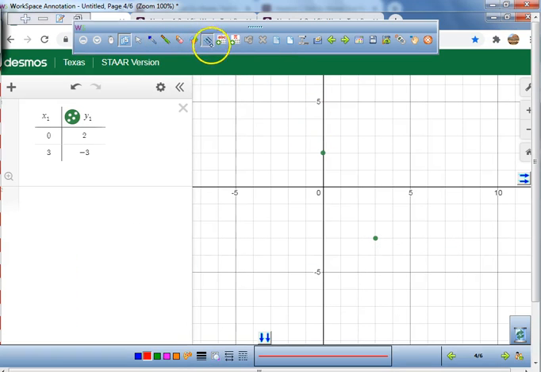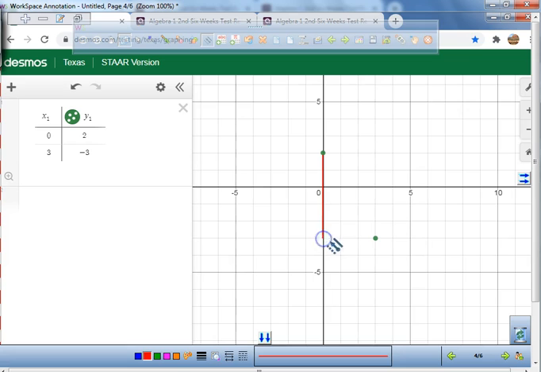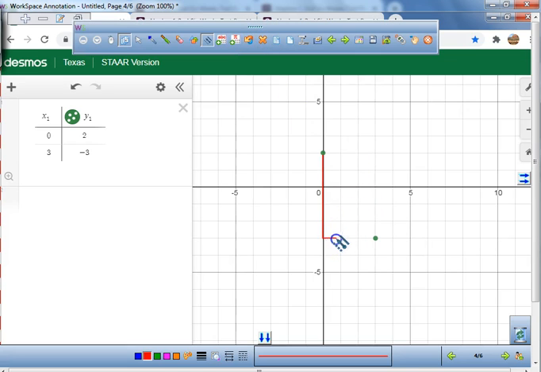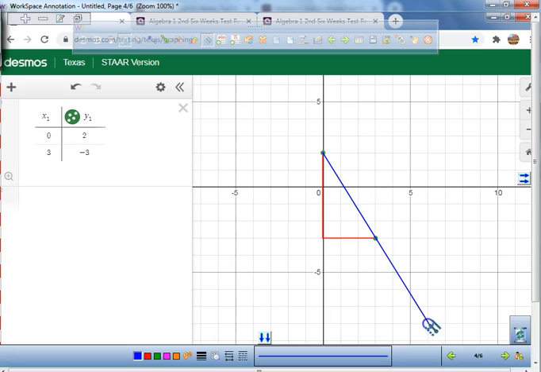Here's what I'd like you to do on your graph paper. Could you please make a triangle, go down a certain amount, and go over a certain amount, okay? Because the line that you're creating is this line right here.